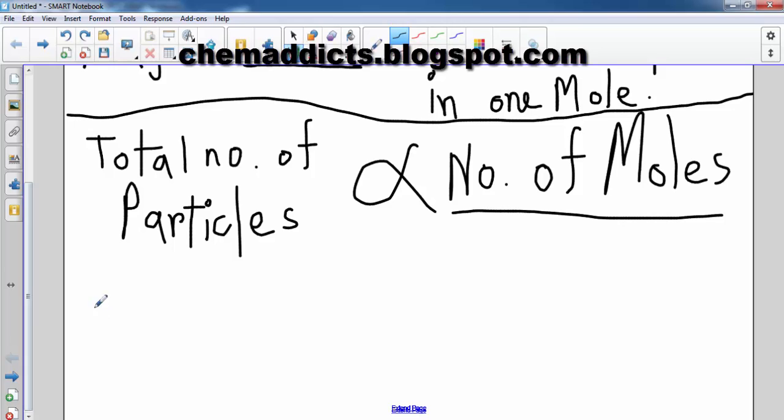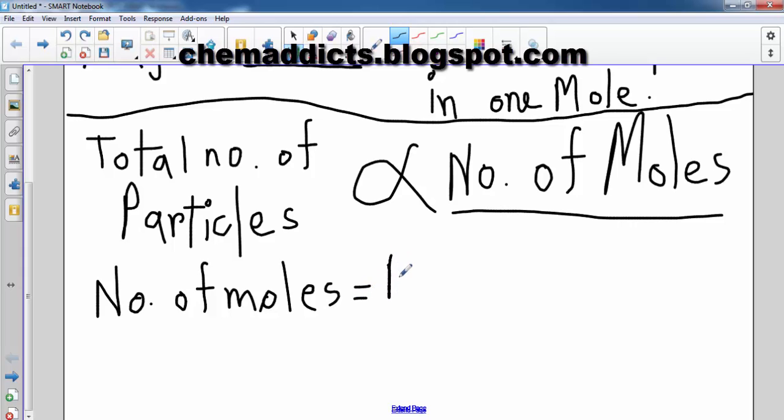What should be the equation? Let us recall the equation. Number of moles is equal to mass divided by molar mass, the actual mass of the sample divided by molar mass.